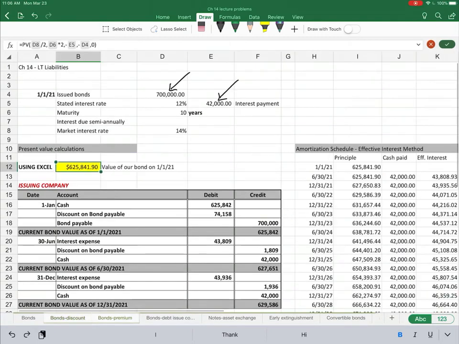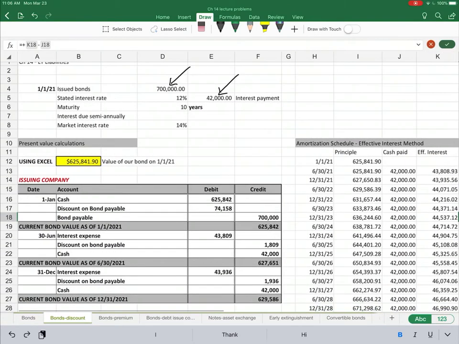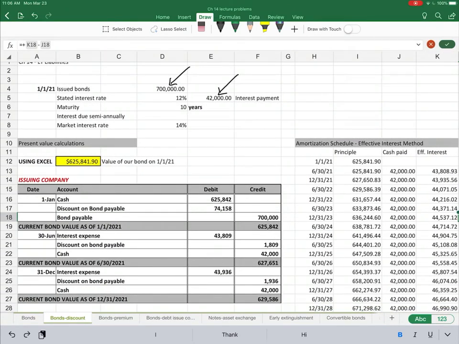And so again, if I click over to the bond discount problem, what we saw was that over time, using our amortization schedule, we started with a bond value in our discount problem that was lower than the face amount. And slowly but surely, we removed a small portion of that discount. We adjusted that discount each and every period. And if we look in our journal, our discount was initially recorded as a debit, and then over time, we reported incremental decreases to that discount.